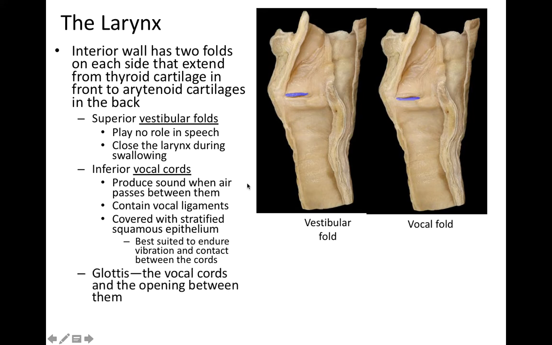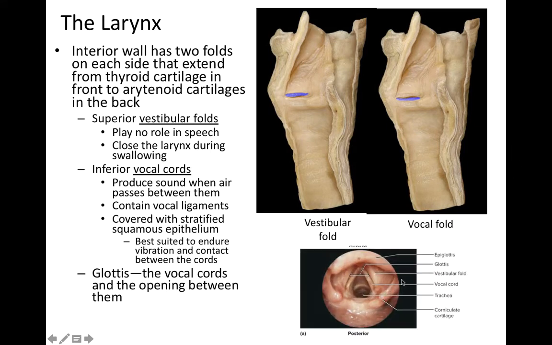The glottis is the vocal cords and then the opening between them. So the reason that this cartilage is called the epiglottis is that it's above the glottis. Here we are actually looking down. Here's your epiglottis here. And here are your vocal cords, and then this is the opening into the trachea between them.